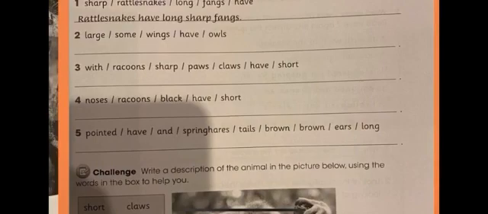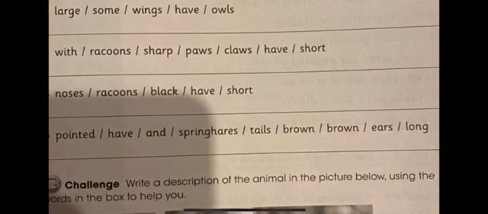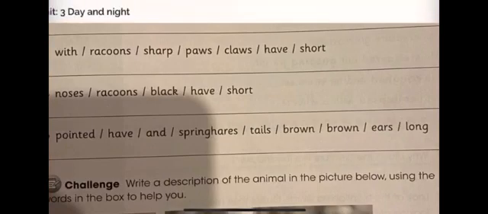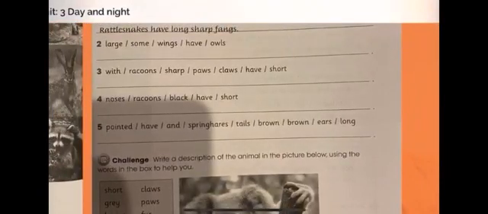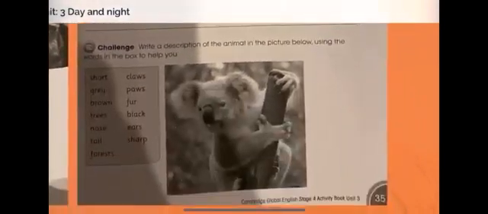So: spring hares have long, brown, pointed ears and brown tails. You see how I arranged this sentence. You see the word brown is given two times over here. So just do the rest of the three. It's not difficult for you now.